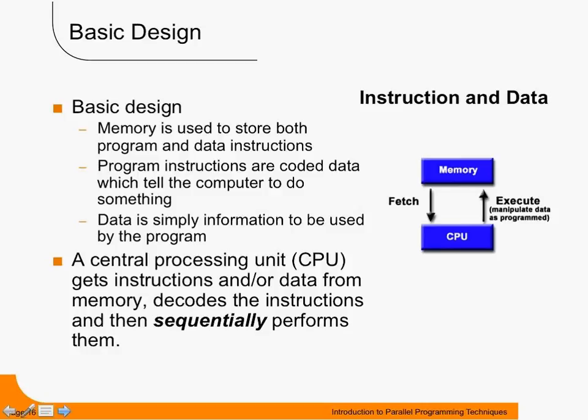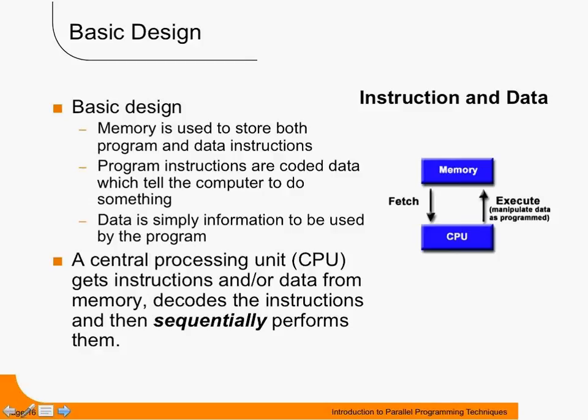So here is the basic design, where you have the memory and the CPU, and you have the instructions and the data. An example is where A and B are considered as data, and the addition is the instruction.